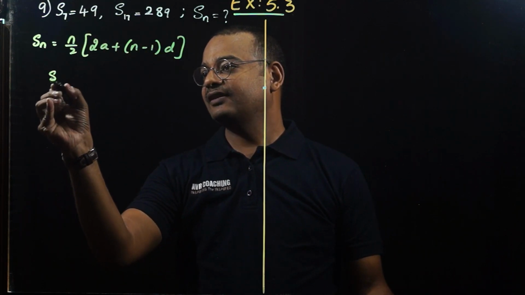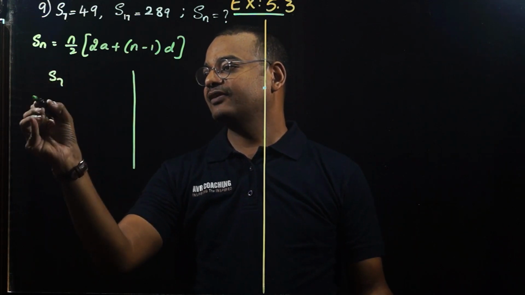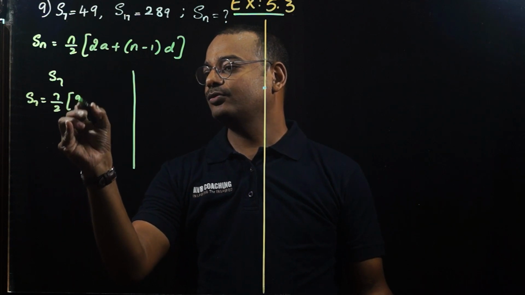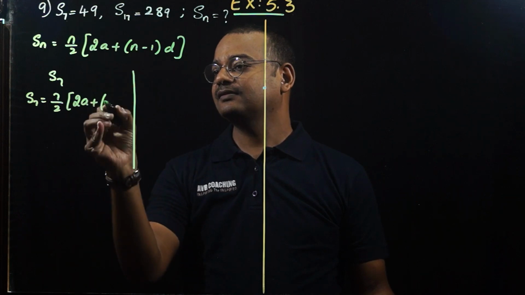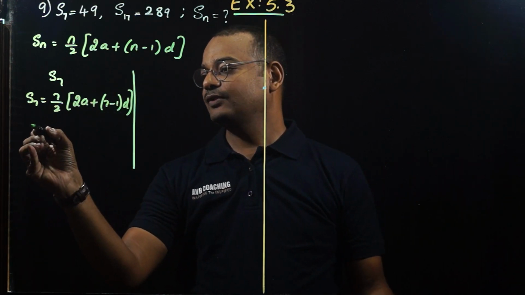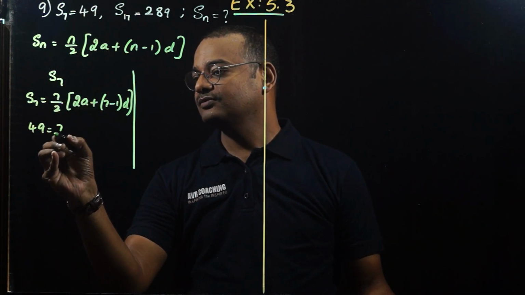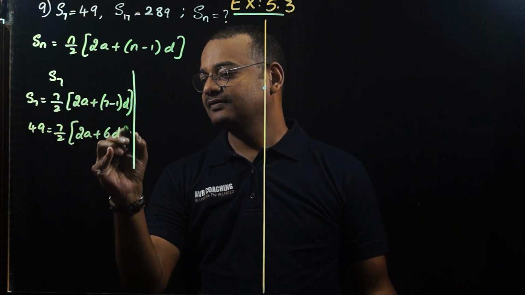So for S7, we will write n is 7. S7 is equal to 7 by 2 into 2a plus n minus 1, which is 7 minus 1, into d. S7 is 49, so 49 is equal to 7 by 2 into 2a plus 6d.